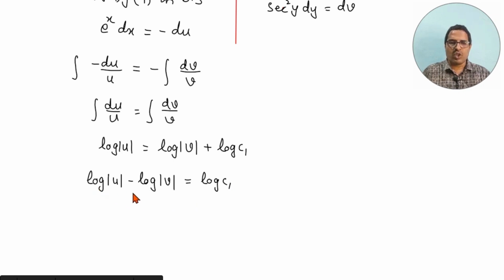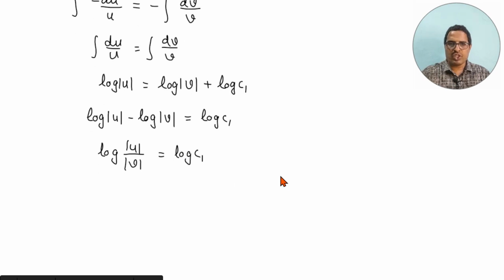So this is log u minus log v, therefore we can write log of u by v. So mod of u by mod of v is equals to log of the constant c1. So if we eliminate this log on both sides, and also assuming that u and v are positives, therefore you can take u by v to be equals to c1, or u will be equals to c1 times of v.